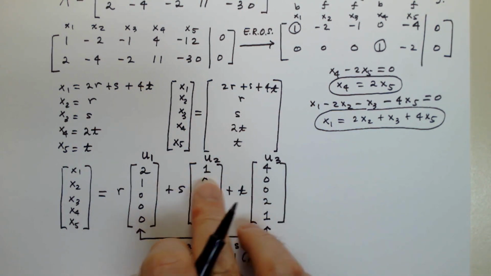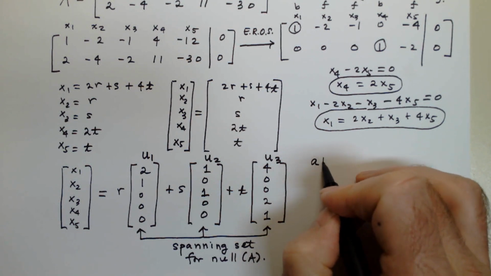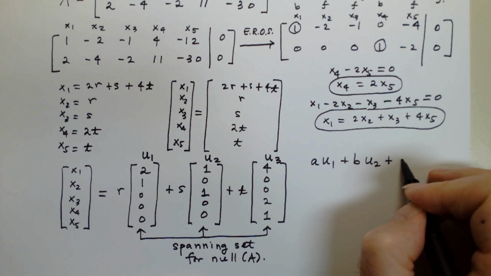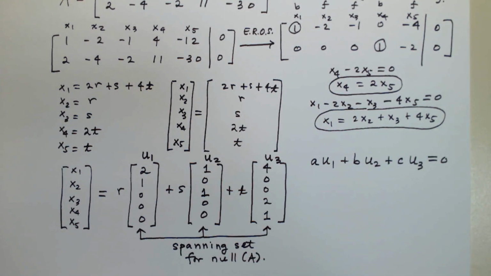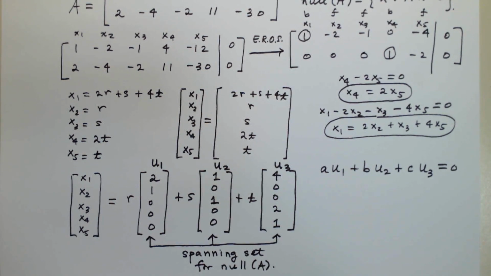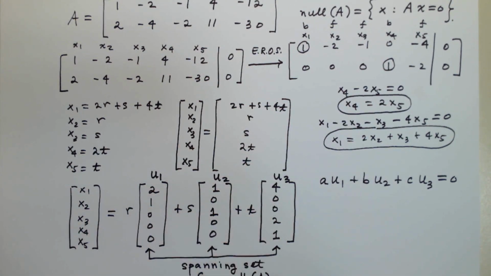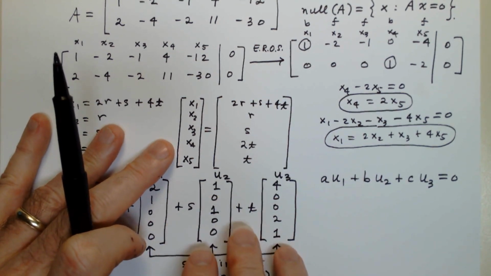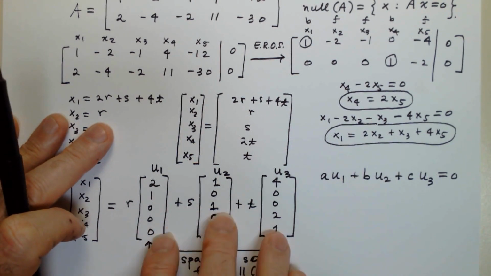We have to show that u1, u2, and u3 are linearly independent, since we have to examine this equation and see if it has any non-trivial solutions. Now I'm going to show you that it will not, and anytime you use this method, you're going to produce not only a spanning set, but you'll always produce a linearly independent set. So this method is always going to produce a basis, not just a spanning set, but a basis.